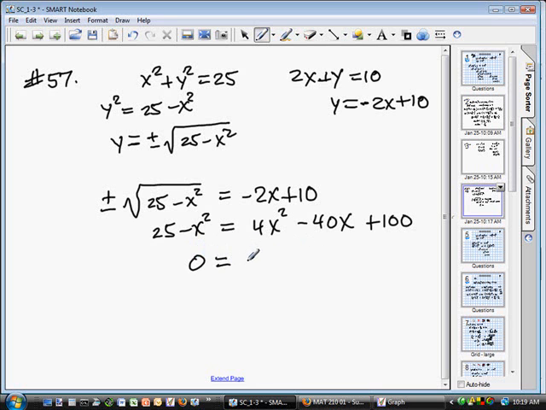So we're going to add x squared, and we're going to subtract 25. So now, I'm sorry that's so sloppy, but now we could use the quadratic. We could, well, let's get the 5 out of there first.